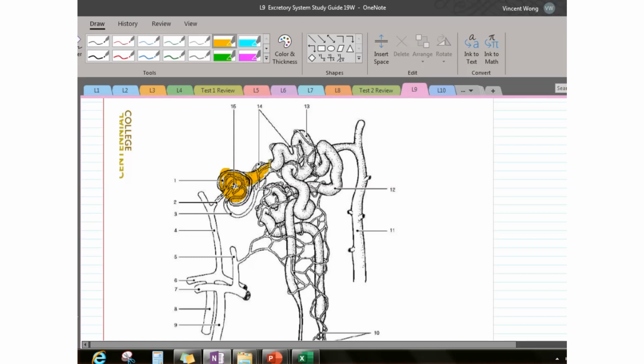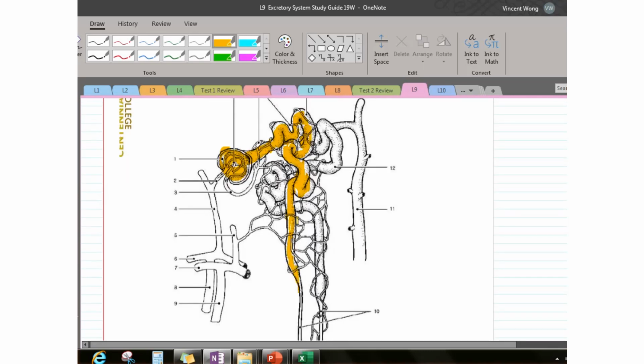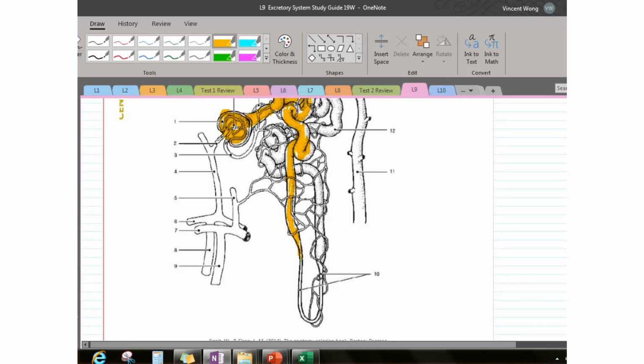Right, there's a lot of stuff going on in this picture. But if we highlight the nephron first, maybe it is going to be a little bit easier to see, right? So of course there are the different parts of the nephron, but I'm just gonna keep it as one single color. And the inside of the nephron, again, it's hollow. That's where you will have the filtrate.